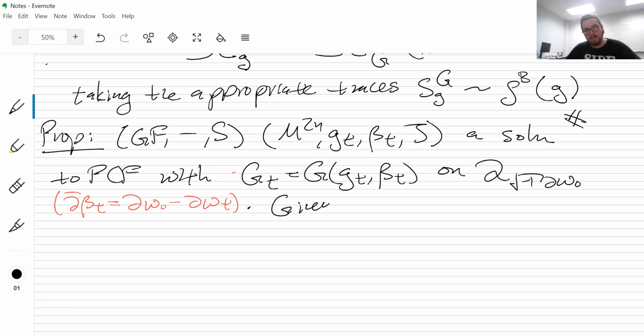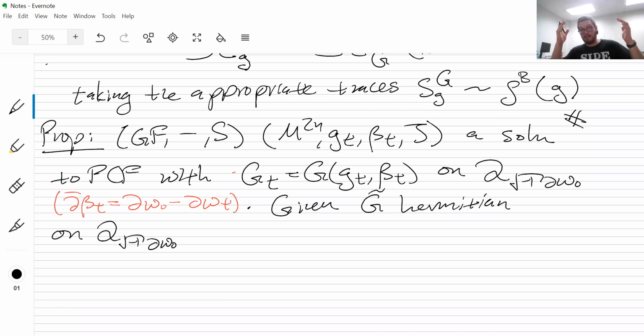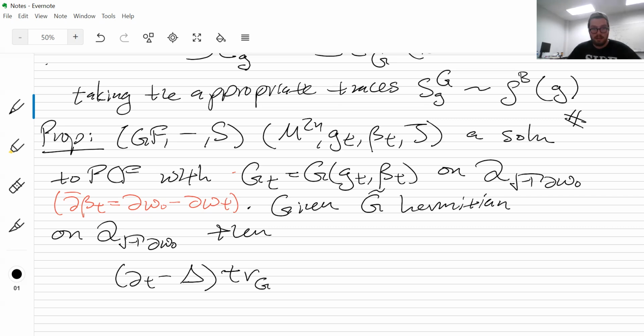Then if we're given another Hermitian metric, given G tilde Hermitian, on Q I del omega naught, when viewed as just a holomorphic vector bundle, then we can find that the trace of G tilde with respect to G has this kind of heat equation.